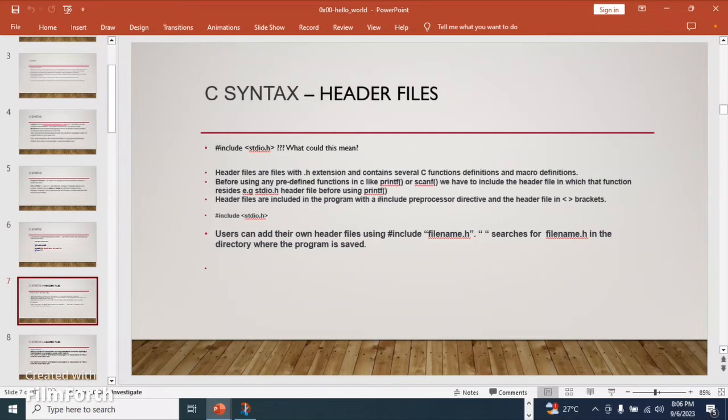All right, header files. Header files are files that contain functions, definitions, and macro definitions. Header files are files. Nothing more, nothing less. And we know that files contain things.